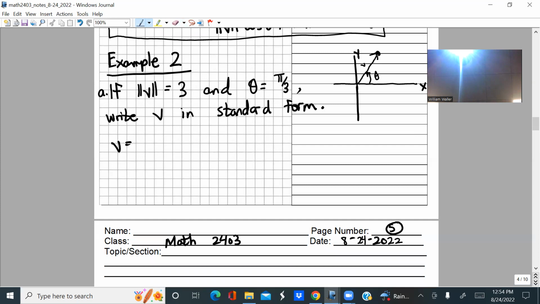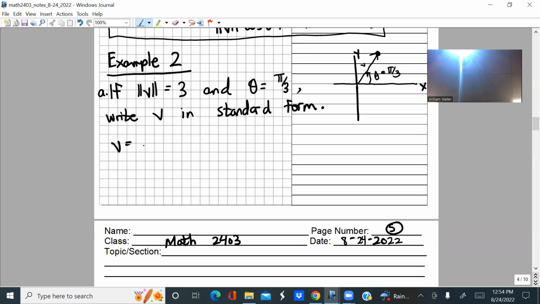I'd like to know what this point is, because if I knew it, I could write down the vector in standard form, which is what I want to do. If this angle is pi over 3 and the vector has length 3, what's that point? It's so easy now.